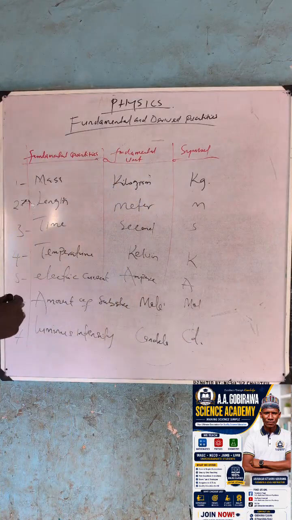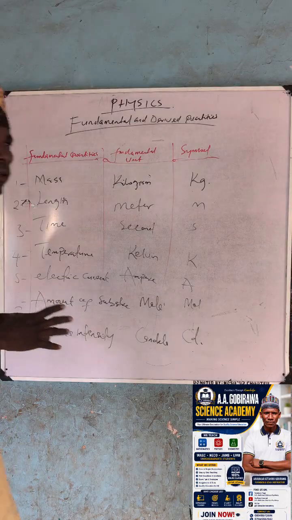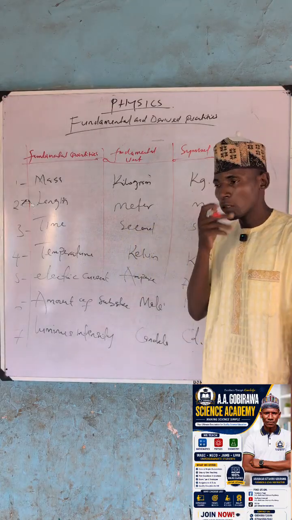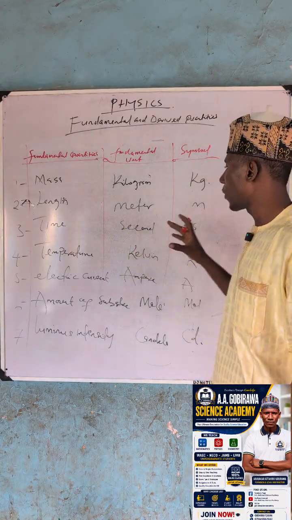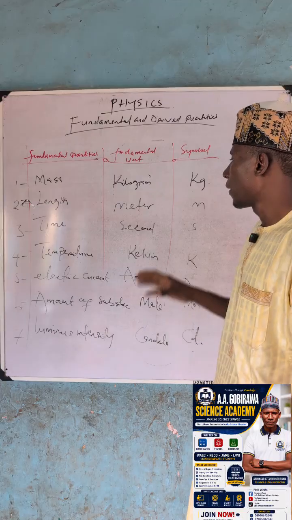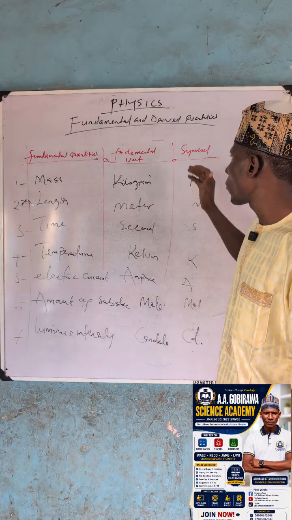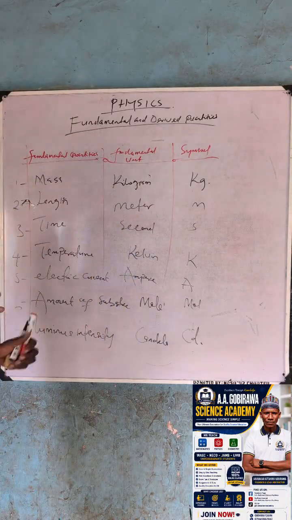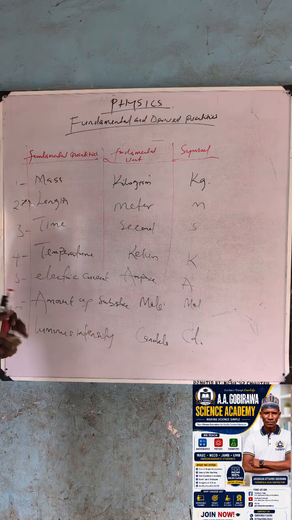So these are the fundamental quantities in physics. Fundamental quantities are not derived; they are standard. Any derivation of a derived quantity originates from fundamental quantities. Do we understand? We are together.